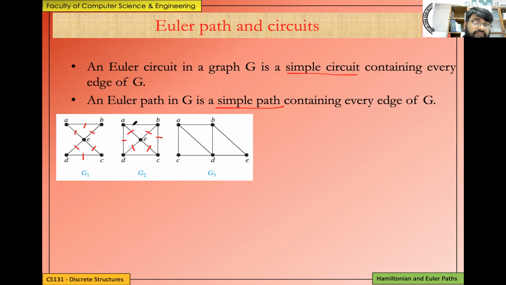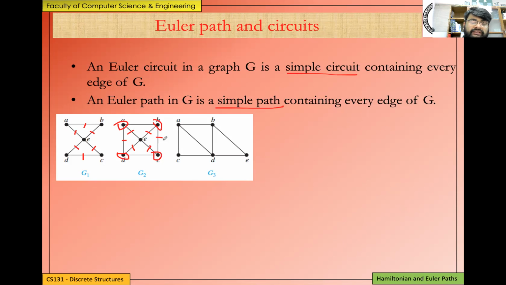So G2 would be very hard to contain an Euler circuit, and we'll see the reason why, because of the degrees of each node here. For example, the degree here is odd, it's 3, this one is 3, and this one is also 3. So if you have more than one vertex with odd degree, we'll notice that it will not be possible to find an Euler circuit. However, you might be able to find an Euler path, but in this case, even that is not possible.